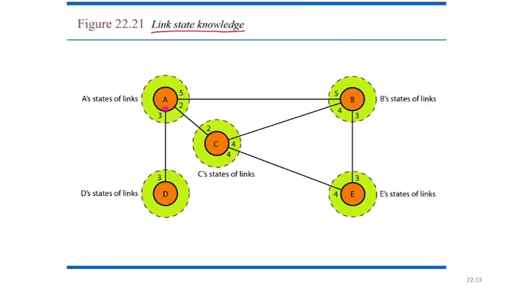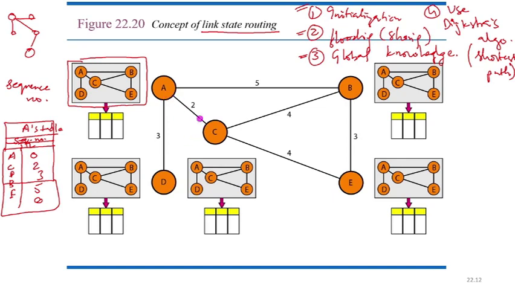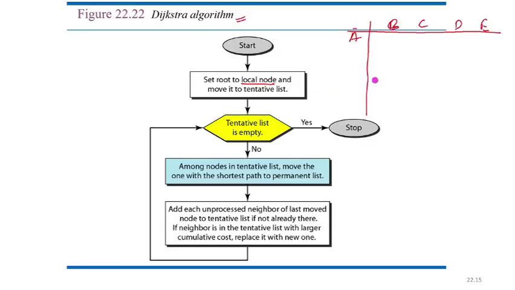From A to C, D, and B we have 2, 3, and 5. From A to B it is 5, and here infinite is the distance initially. We need to find the shortest path. In this case the shortest one is 2, so we fix it by moving it into the permanent list.